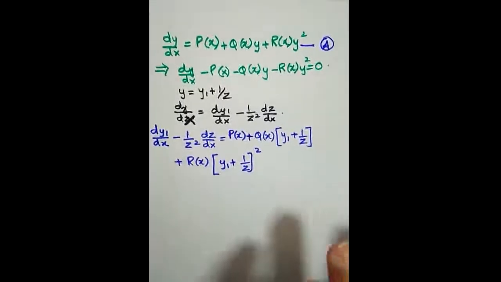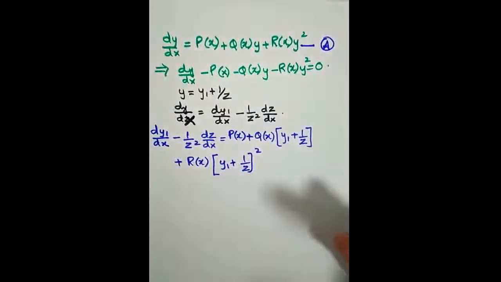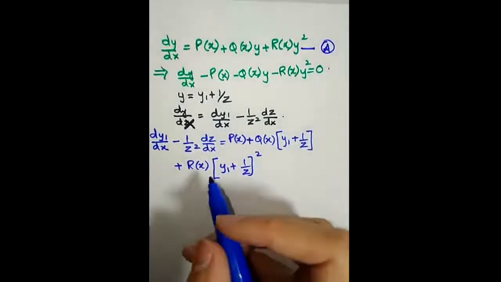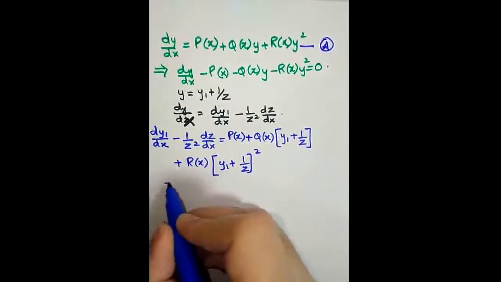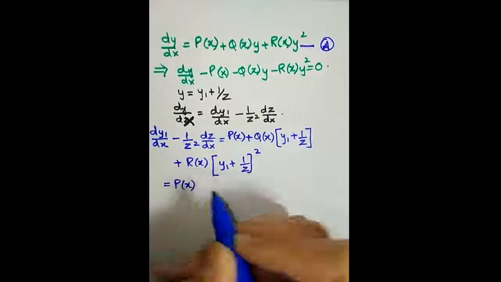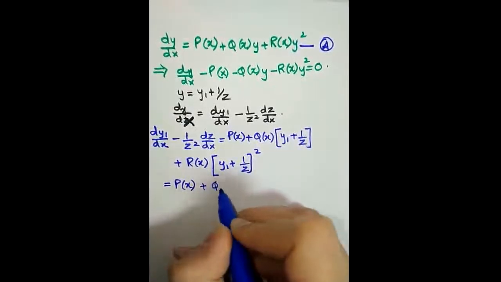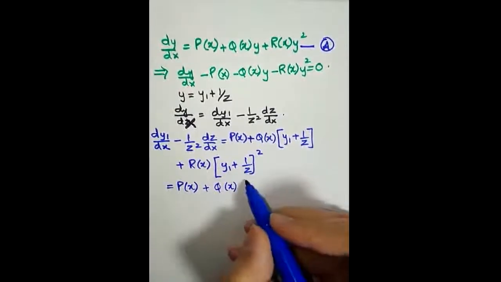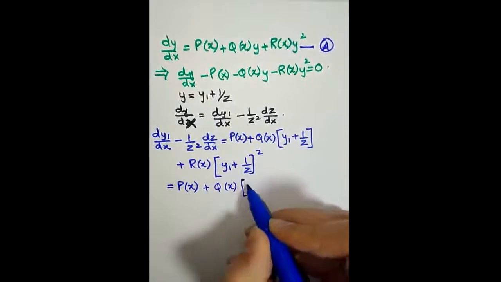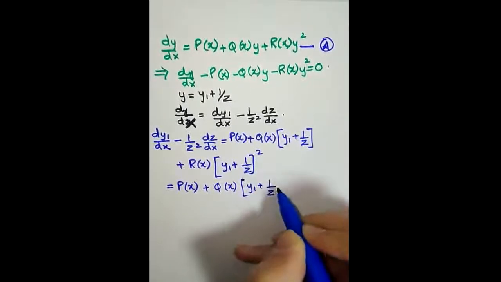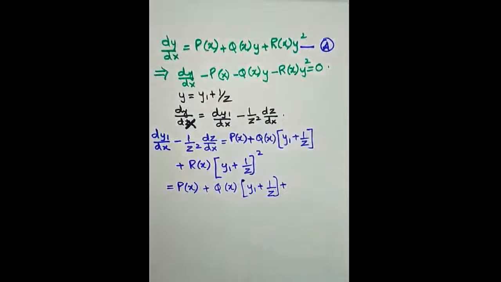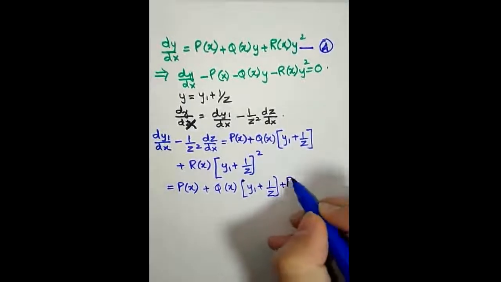So in the next step I am going to open this (a plus b) whole square formula, that is a square plus b square plus 2 into a into b. So I'm only writing the right hand side, p of x plus q of x into (y1 plus 1 by z) plus r of x.